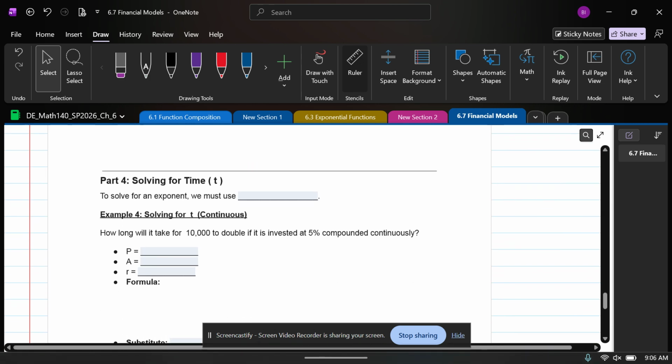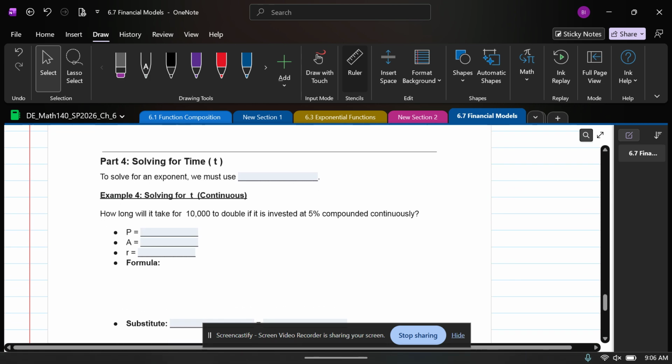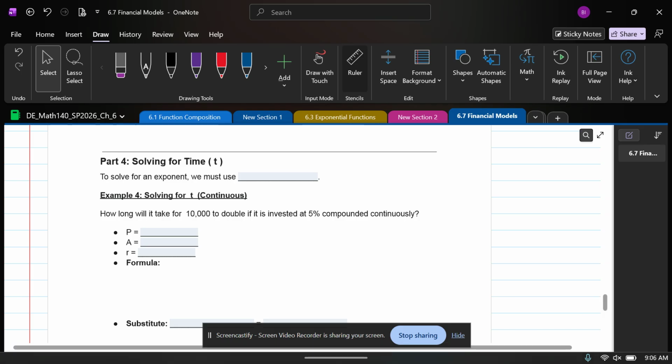Okay. All right. Now let's take that idea and let's solve for an exponent. Okay. So here we have, we're going to use logarithms to do that because to solve an exponential, you're going to use logarithms. Okay. So in this scenario, we have how long will it take for $10,000 to double if it's invested at 5% compounded continuously?